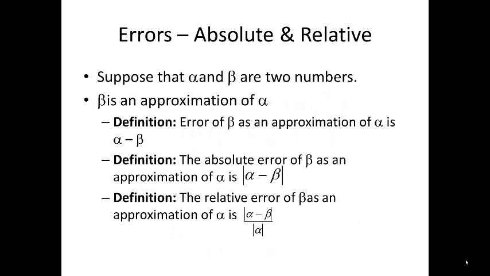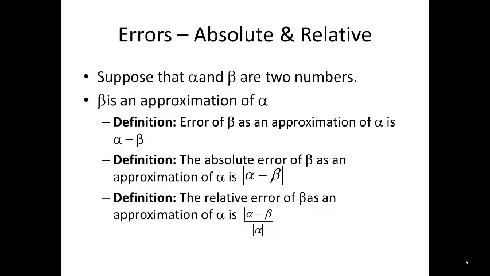Now let's turn our attention to errors. We have about 3 different definitions of errors. So suppose that alpha and beta are 2 numbers, where beta is an approximation of alpha. The error of beta as an approximation of alpha is alpha minus beta. The absolute error of beta as an approximation of alpha is the absolute value of alpha minus beta.